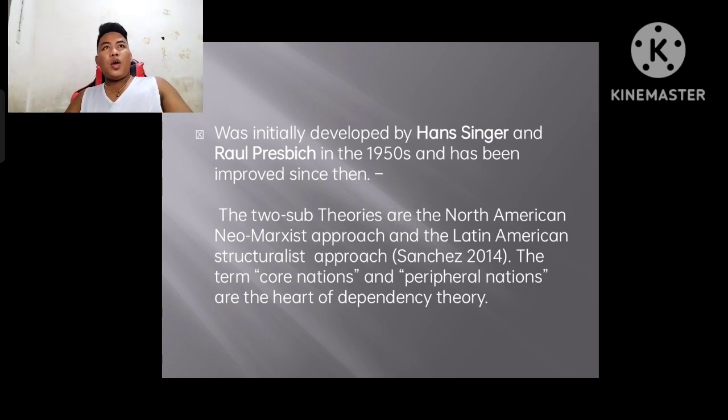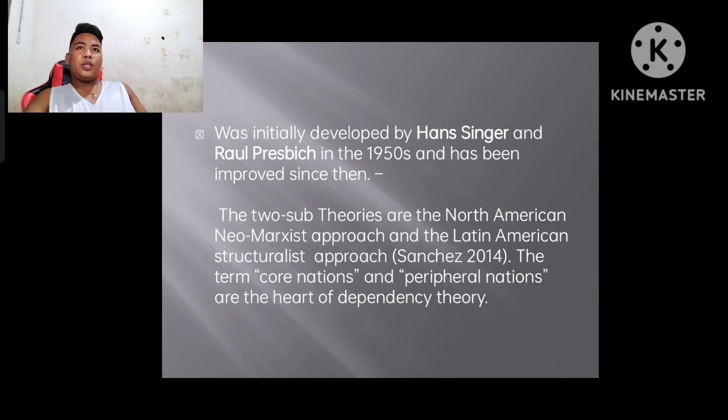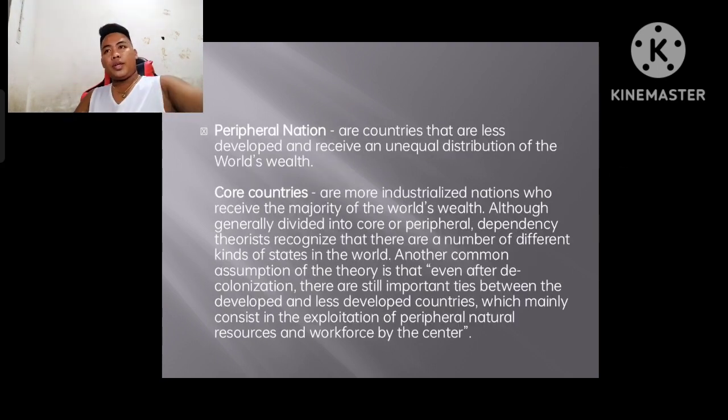Dependency theory was initially developed by Hans Singer and Raúl Prebisch in the 1950s and has been improved since then. The two sub-theories are the North American neo-Marxist approach and the Latin American structuralist approach, Sanchez 2014. The terms core nations and peripheral nations are the heart of dependency theory.